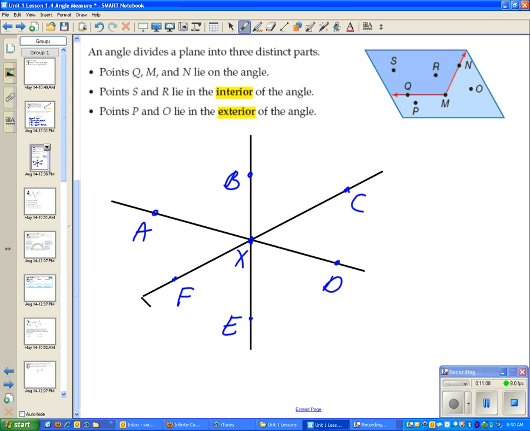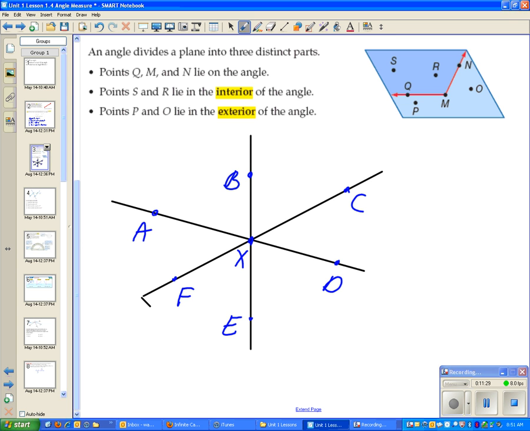And if I say, all right, everybody, look at angle AXF. Do you know which angle I'm talking about? Angle BXD. Do you know which angle I'm talking about? Now, according to our definition of angle, angle BXE isn't an angle.